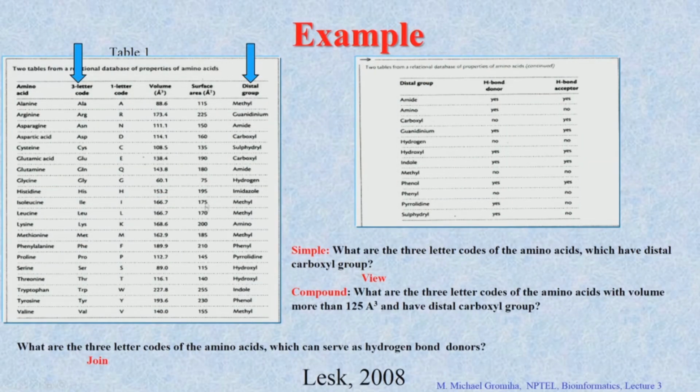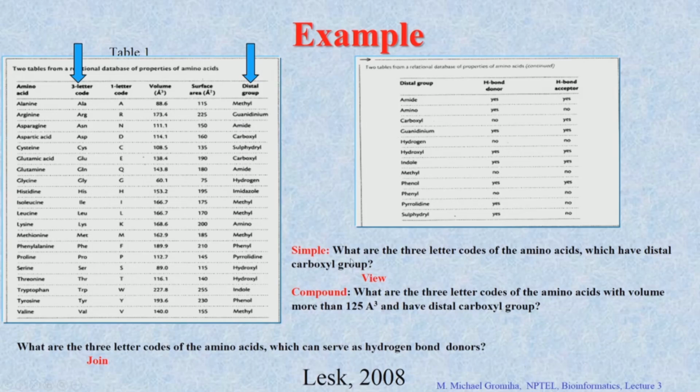Okay, so see table 1. What information is available in table 1? Amino acid name, 3-letter code, 1-letter code, volume, surface area and distal group, that is, which groups: methyl group or guanidine group and so on.